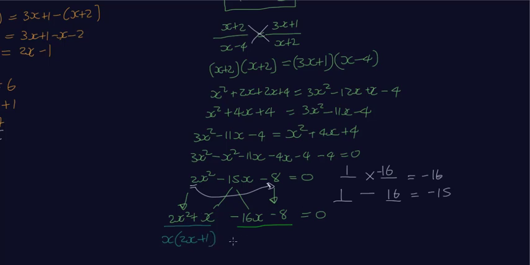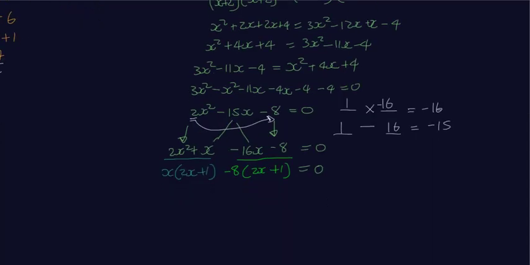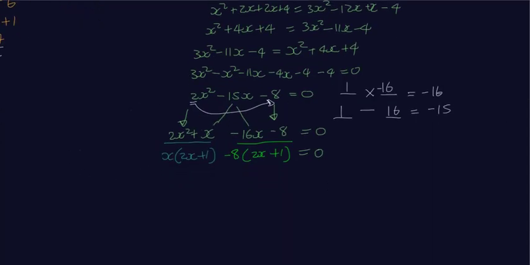Then for the next two the common factor is minus 8, so we start with minus 8, and we are left with 2x plus 1, all equals 0. Now we see there is a common factor, 2x plus 1, in the two terms. So we factorize again, we start with 2x plus 1, and we are left with x minus 8.